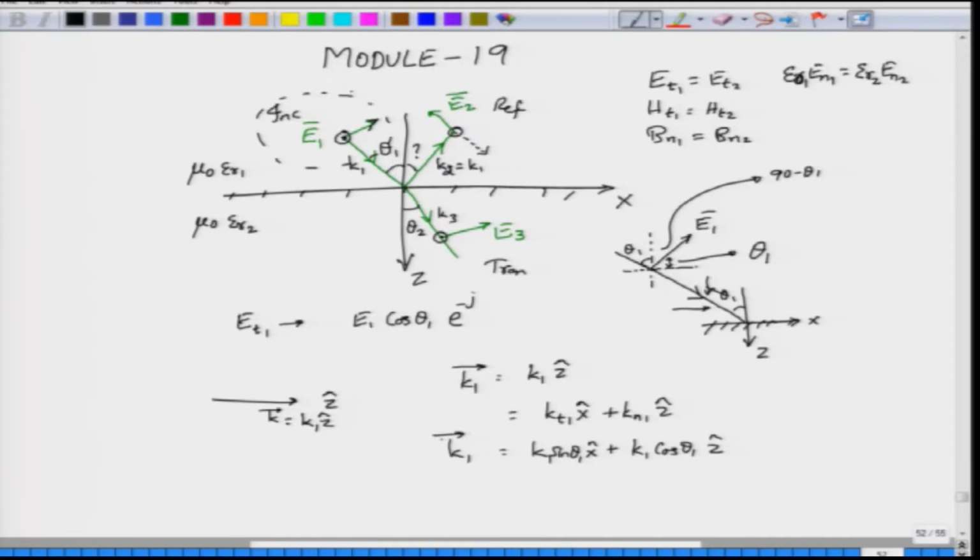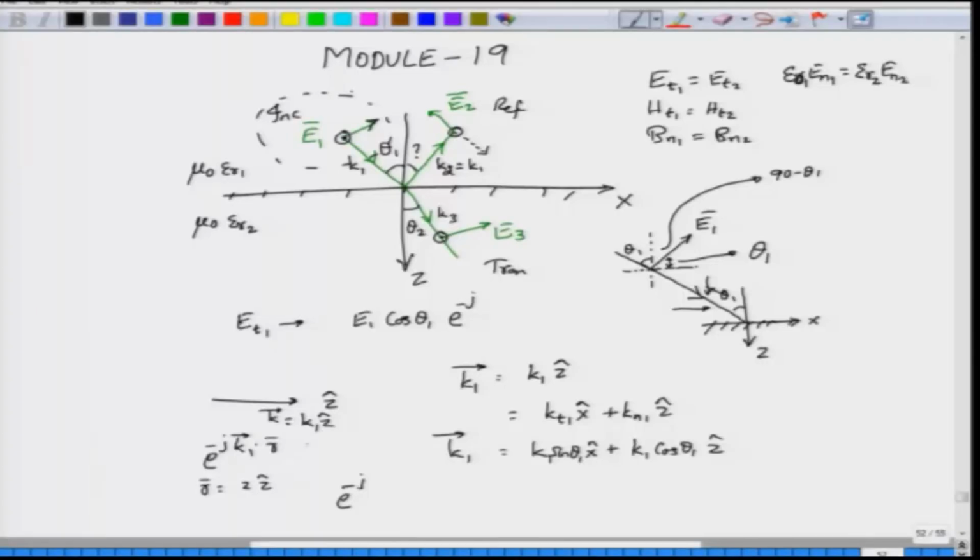What about this e power minus j k1z that we were writing earlier? We were writing it simply as k1z, because you could take the k1 vector and the position vector r. In the previous case the position vector r was simply z hat, because z was the only direction in which the wave was propagating. So, when you take the dot product of k1 and r, this phase factor was simply e power minus j k1z.